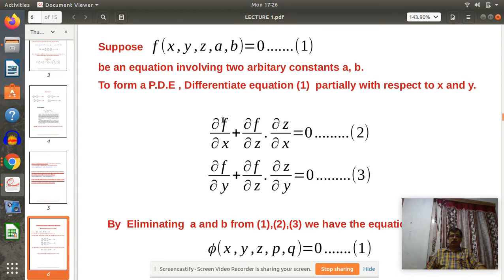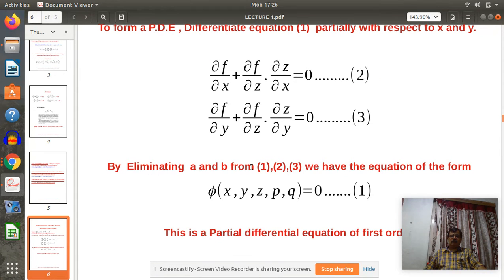When we differentiate with respect to y, we have dou f by dou y plus dou f by dou z into dou z by dou y equal to 0. So we get two equations like this. Now from these two equations and from equation 1, that is from 1, 2, 3, we eliminate a and b.